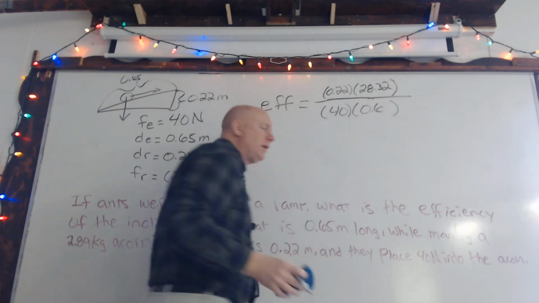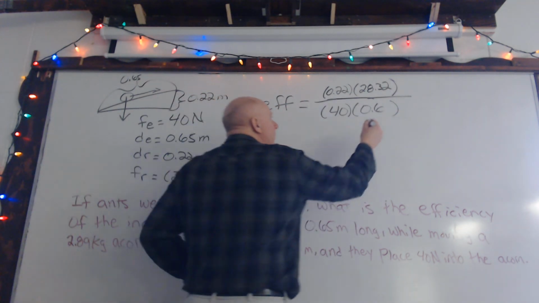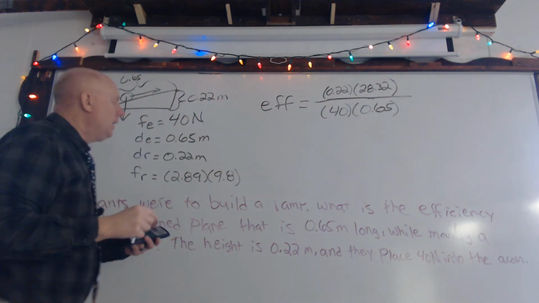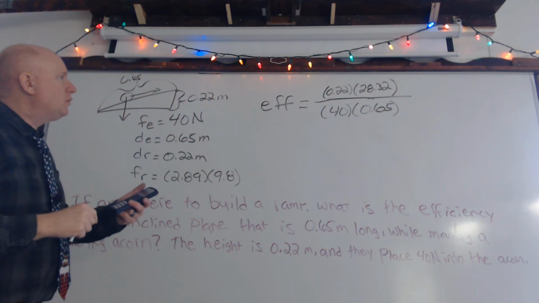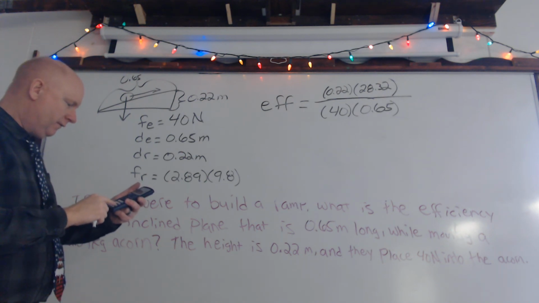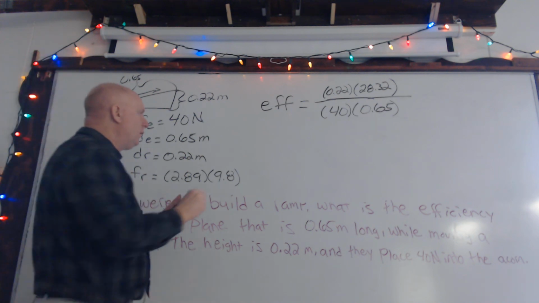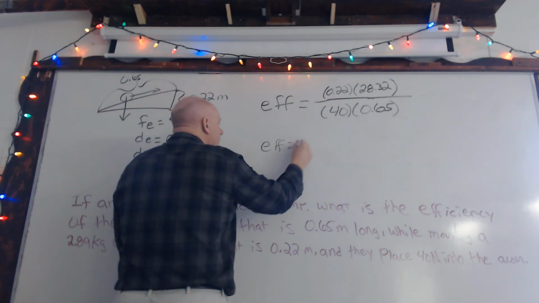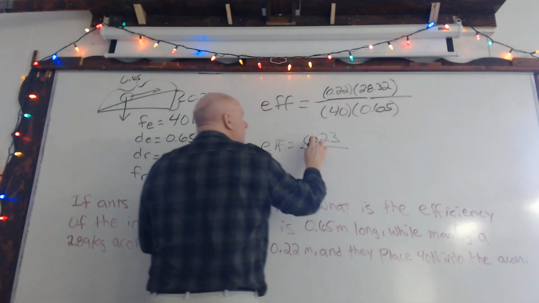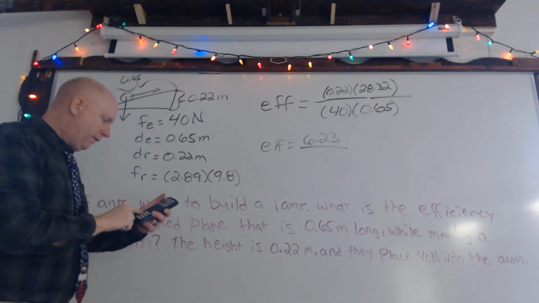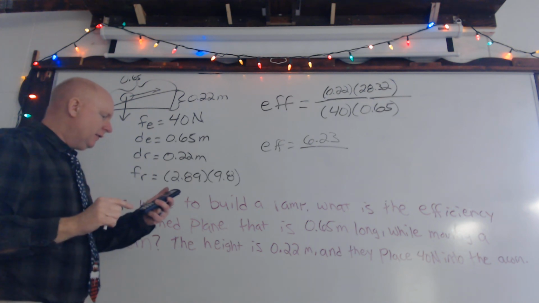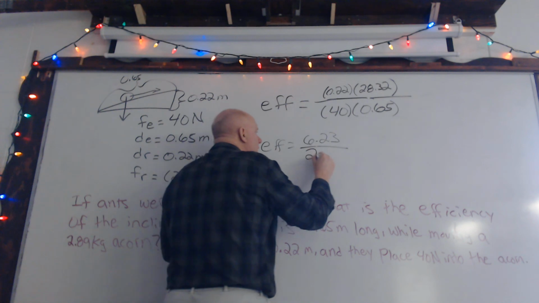Write it in correctly too, I suppose. That would probably help. So in this case, now we've got 28.32 times 0.22. So that's 6.23. Those two times each other gives us 6.23, and then 40 times 0.65, that gives us 26.